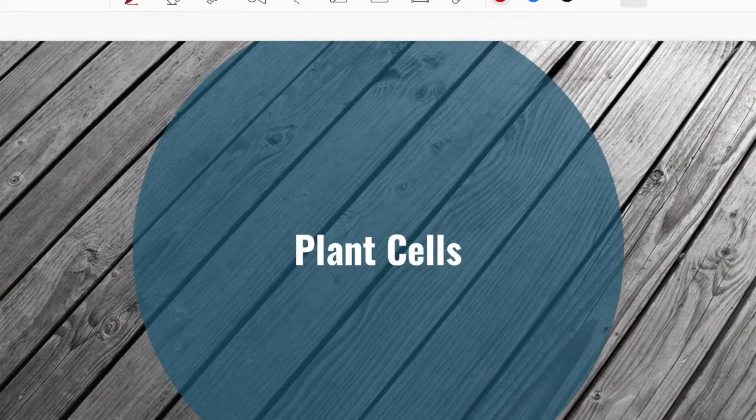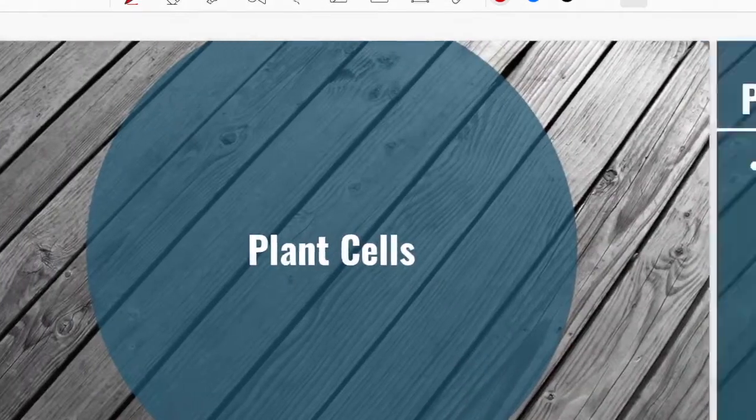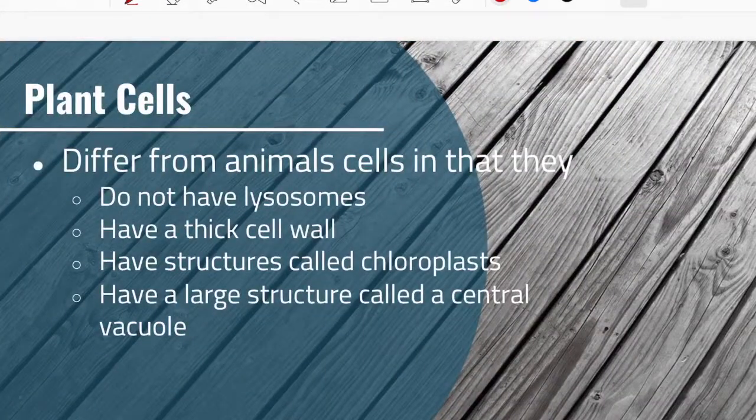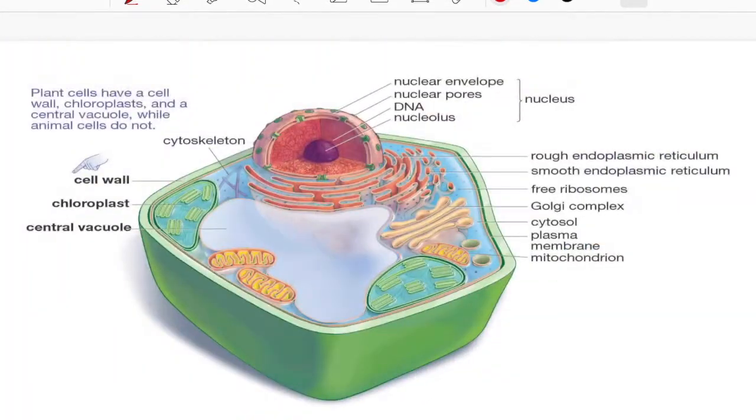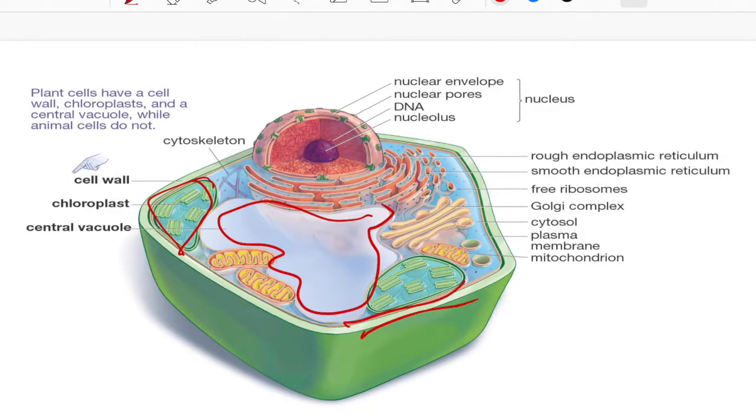All right. So let's talk specifically about organelles that are only found in plant cells. Now, some of the organelles that we've talked about in the animal cell section can also be found in plant cells, but let's specifically talk about the ones that are only found in plant cells. Starting with, here's your plant cell. We got chloroplast, a large central vacuole, and then a cell wall.